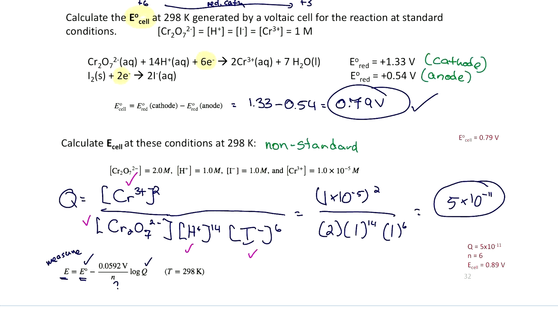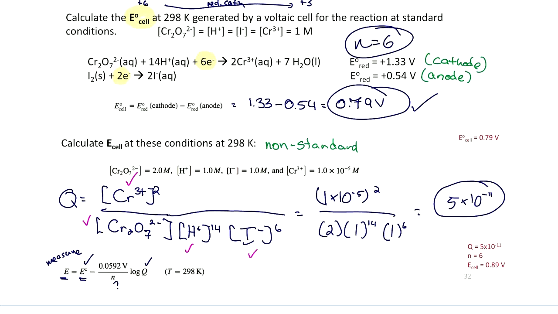The second reaction we would flip, but we would also have to multiply by 3 to make those electrons match. And the number of electrons that match is 6. So in this case, N is equal to 6 in this reaction. Do you see how I got that?